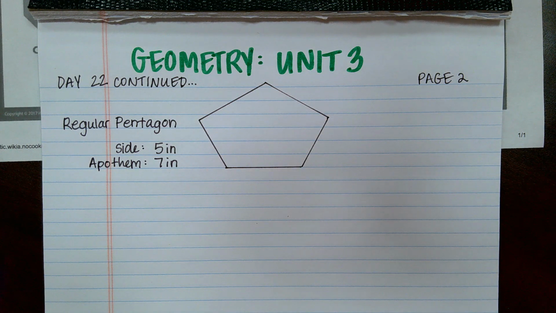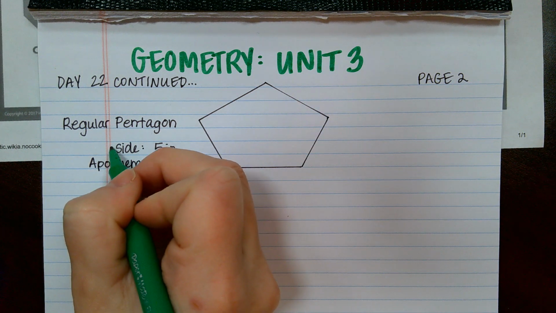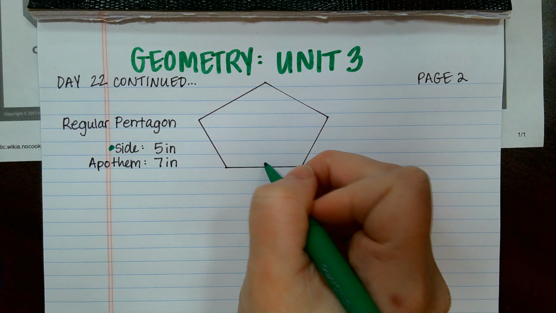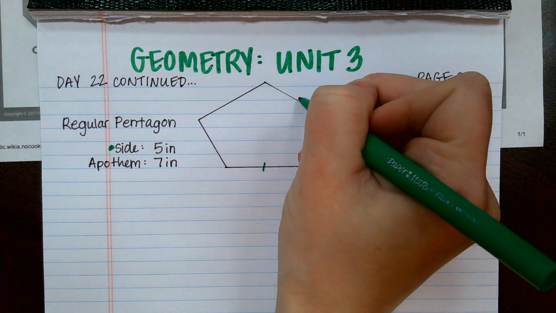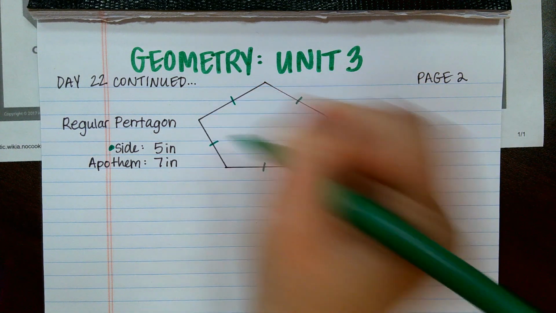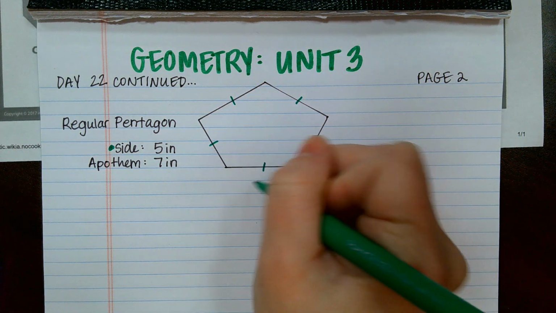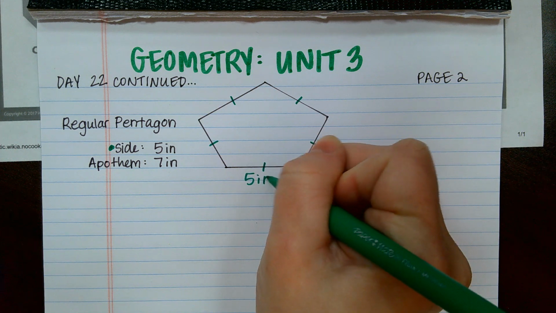So let me get a color. Do green. So all my sides are the same, and I know my side length is 5 inches.